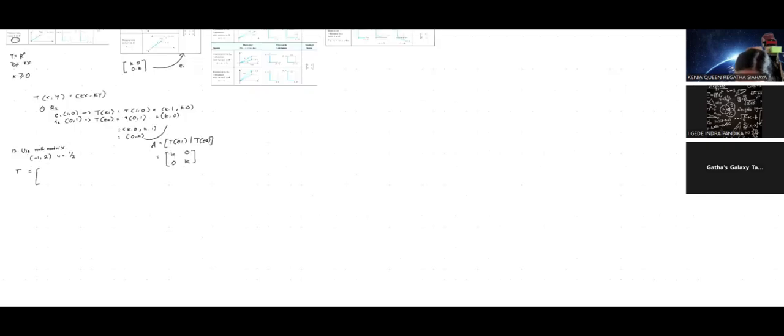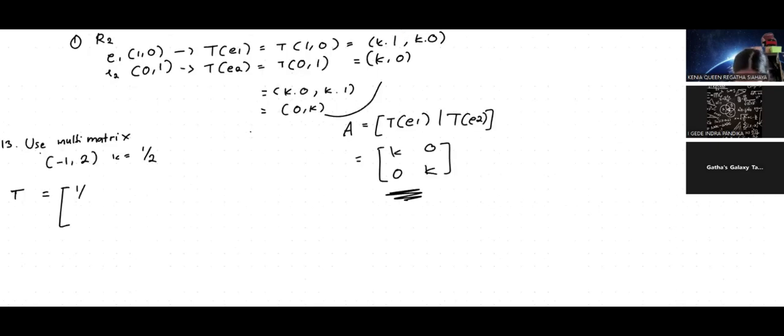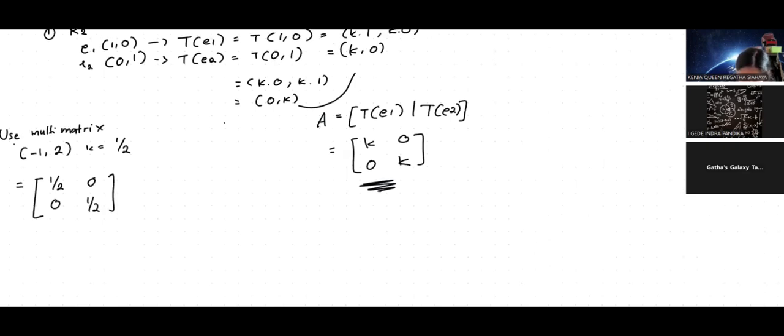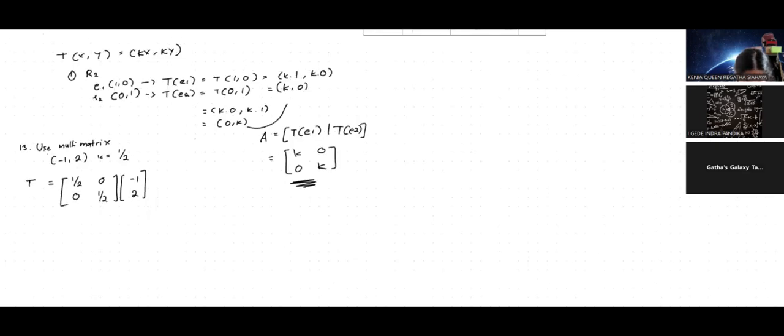So we see that our standard matrix is like this. We just need to insert k into that. So we get 1, half, 0, 0, half, and we can just multiply that with our question there.